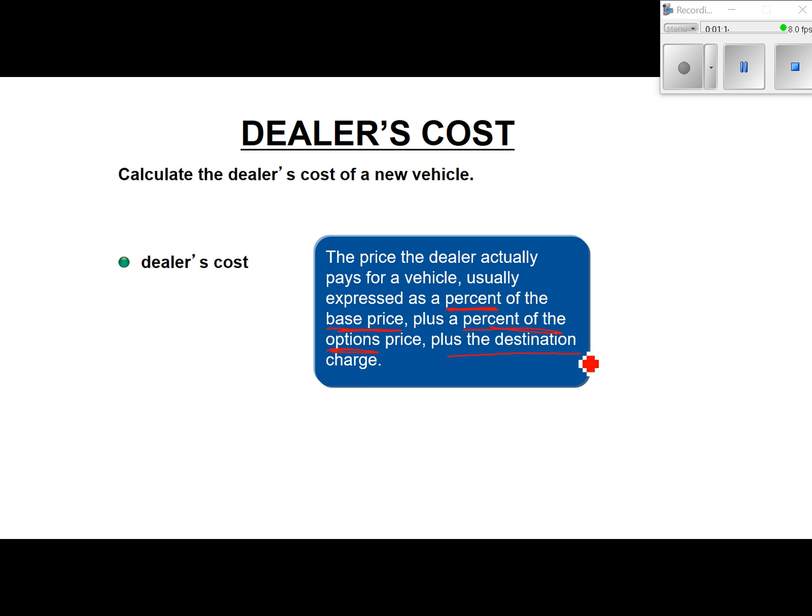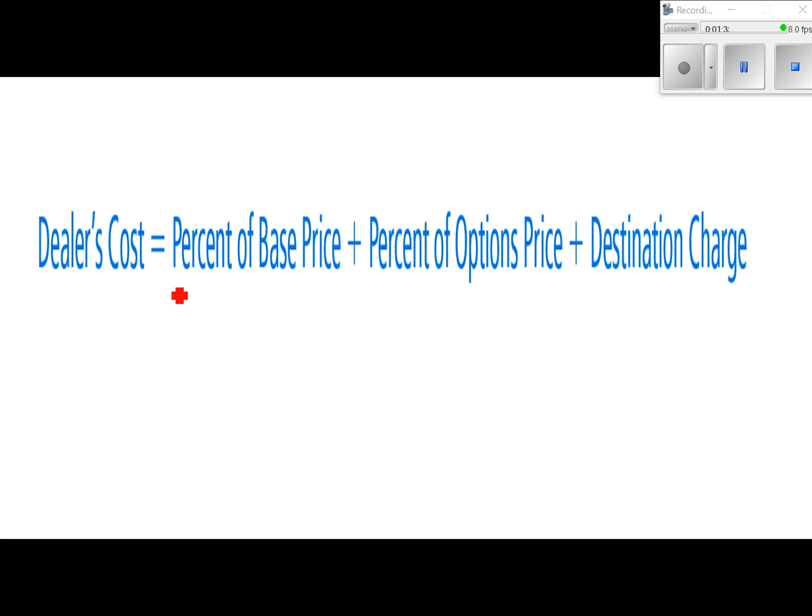Plus, again, for the destination charge, if the factory charged them $800 to send them the car, then they're just going to turn right around and charge you that $800 to recoup that money so that they're not paying that charge.